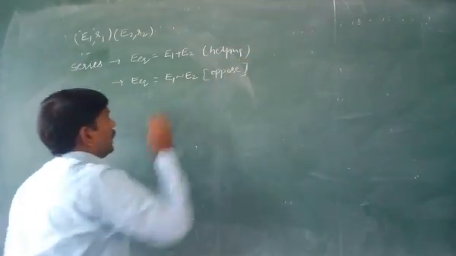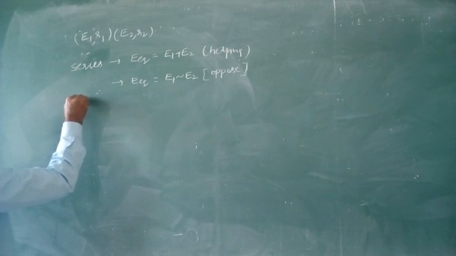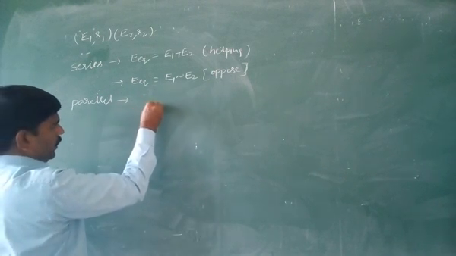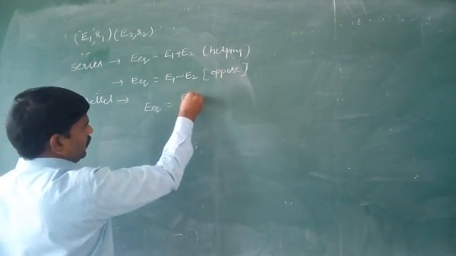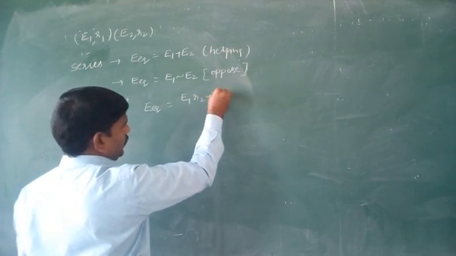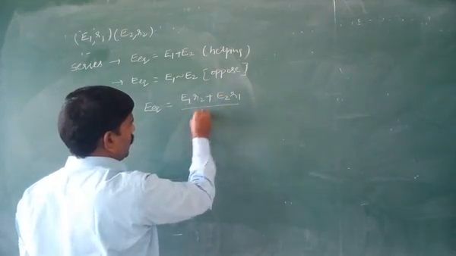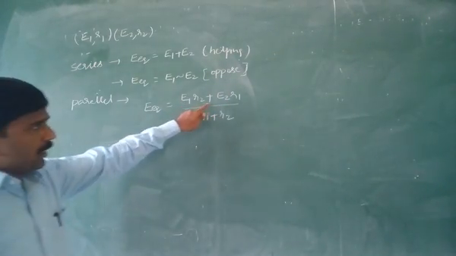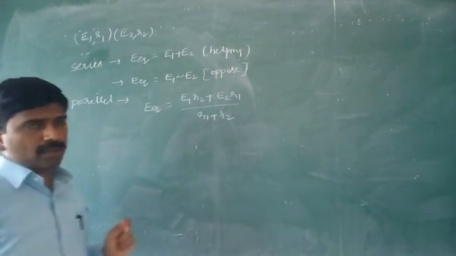So in case of the parallel combination of the cells, E equivalent is equal to E1 R2 plus E2 R1 whole by R1 plus R2.